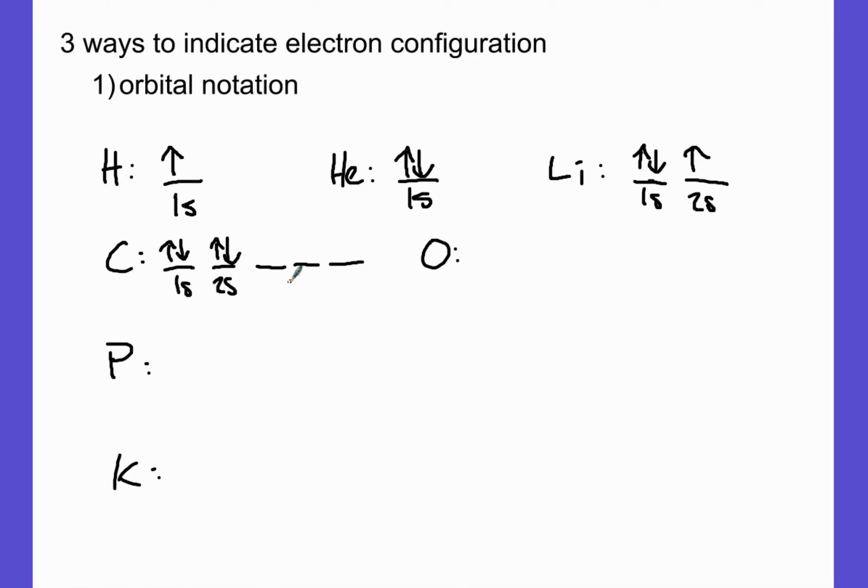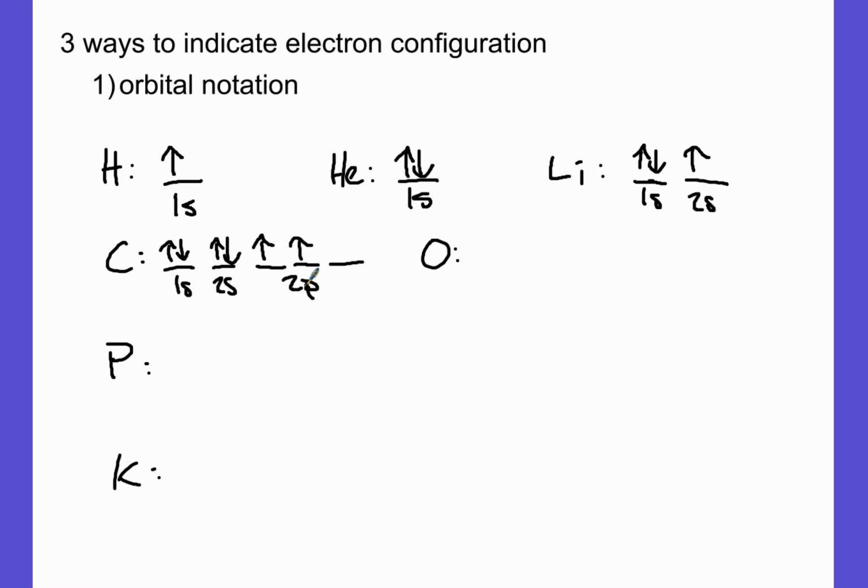D sublevels get 5, F sublevels get 7 orbitals, and we talked about those numbers in our quantum number notes. So this is 2p that I'm labeling here, but carbon only has 2 more electrons than, say, beryllium, that's this 2s that's full. So I need 2 more electrons. Again, I follow Hund's rule, so those 2 electrons are separated.